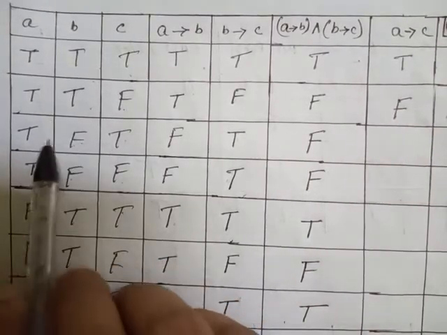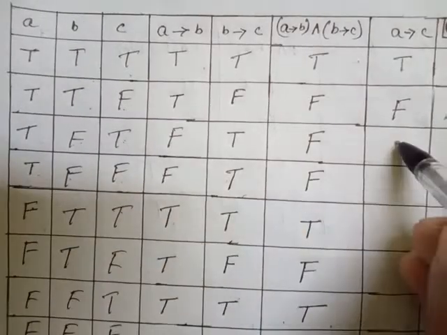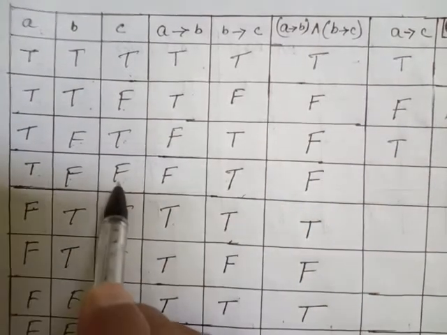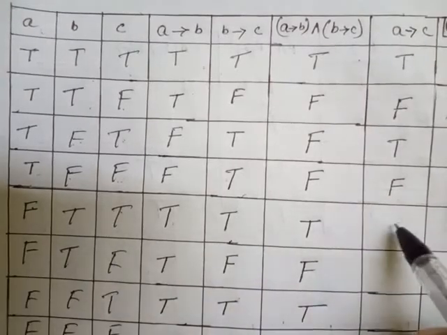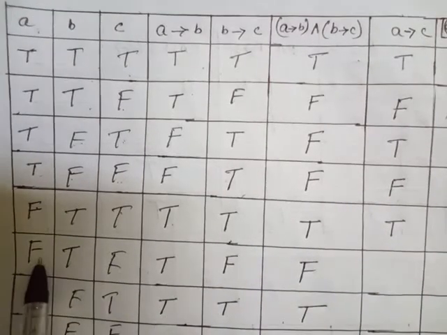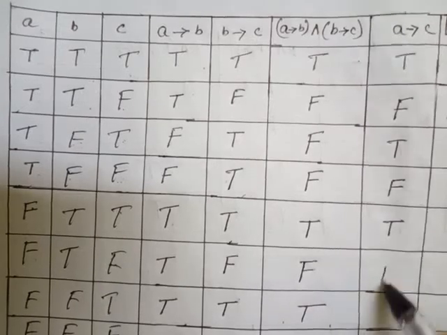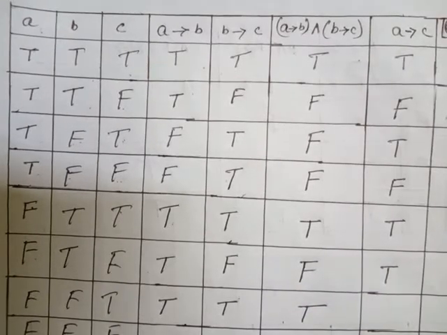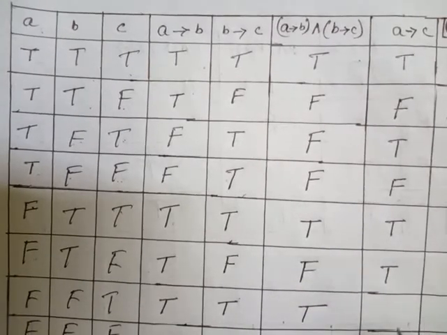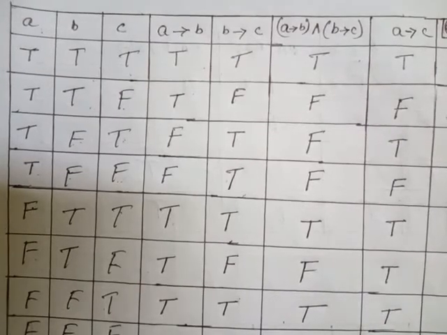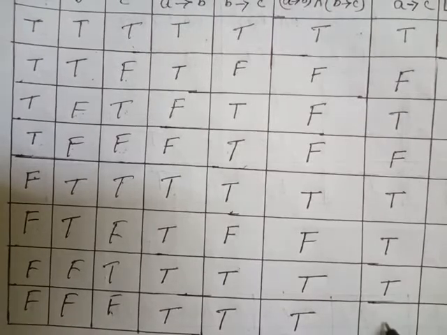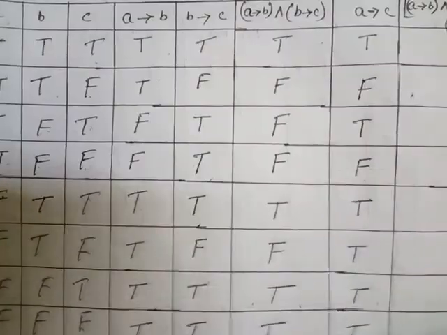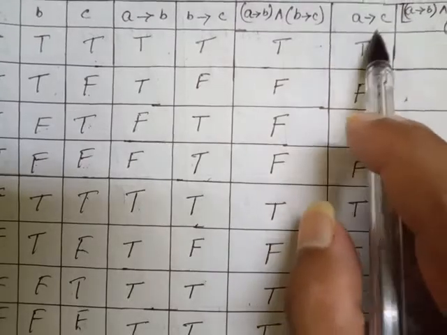Now true and true means true, true and false means false, false true means true, false false means true, then false true again true, and the last one is false false, which means true in implication. So we have got the A implication C also.